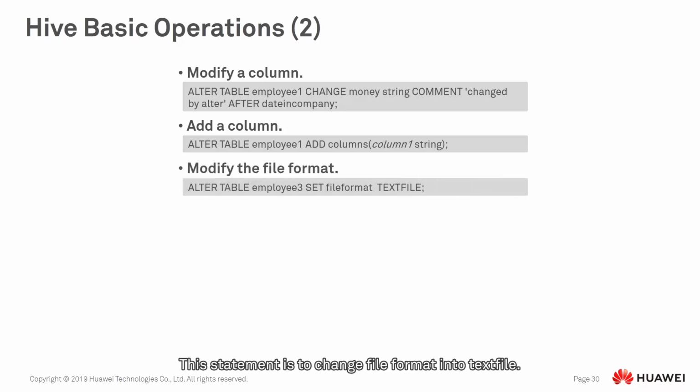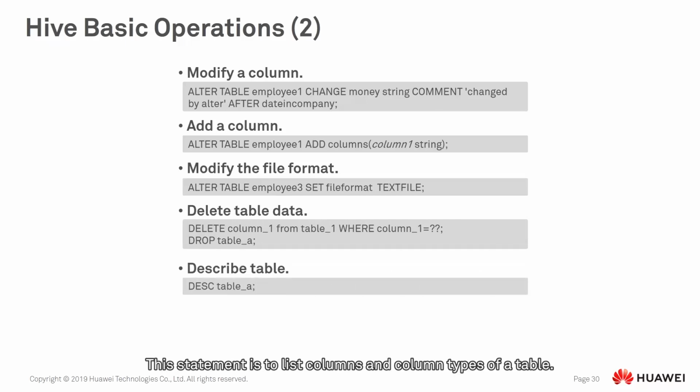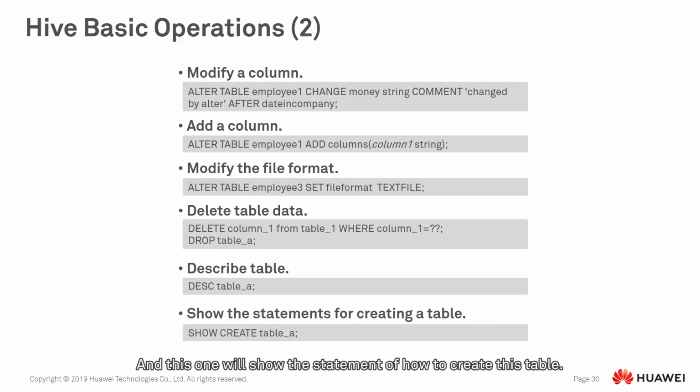This statement is to change the file format into text file, and you can delete some records of a table given the condition. After using the drop statement, the table doesn't exist anymore. This statement is to list columns and column types of a table, and this one will show the statement of how to create this table.